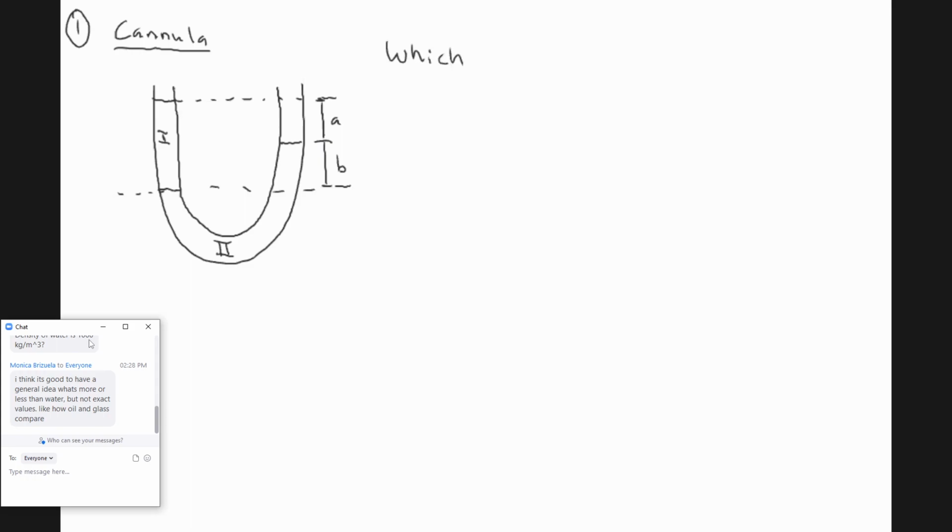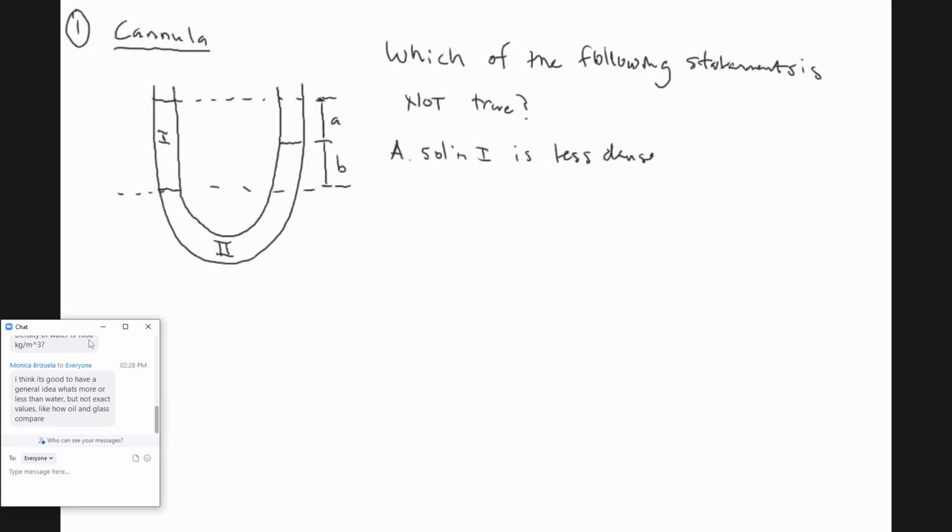So which of the following is not true? A. Solution 1 is less dense than solution 2.